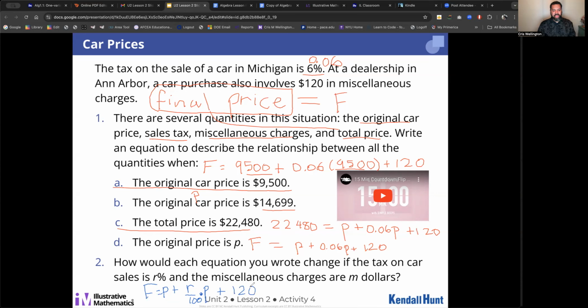So this equation now: F equals P plus R over 100 times P plus 120. That's your generic equation, and that's basically it. That's it for that problem.